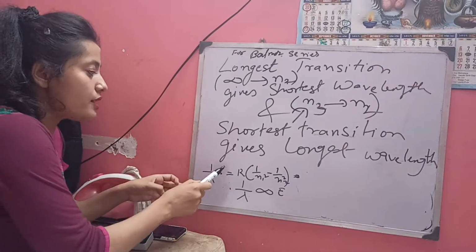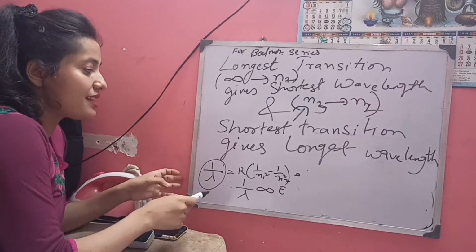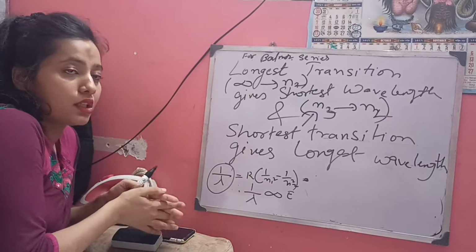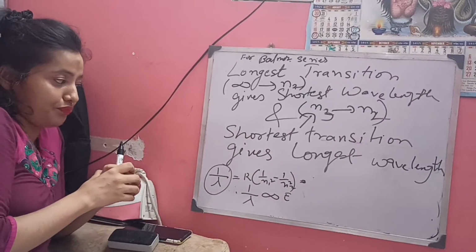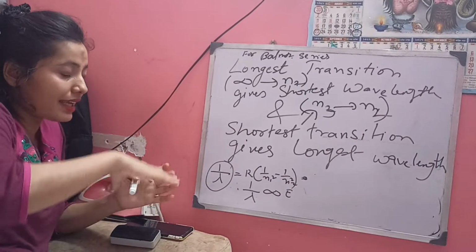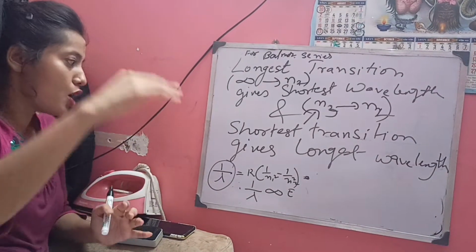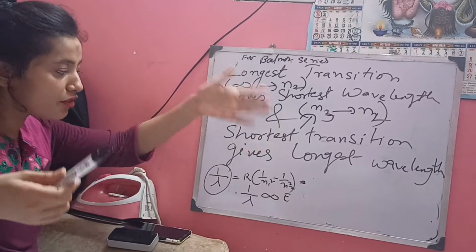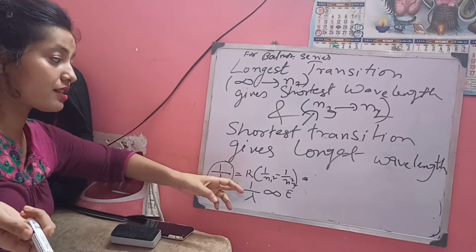Why? Because lambda is inversely proportional to the energy. That is the reason. The greater the transition, the shorter the wavelength, because the transition is inversely proportional to the wavelength, because it's 1 by lambda.